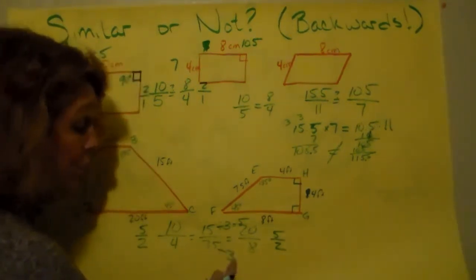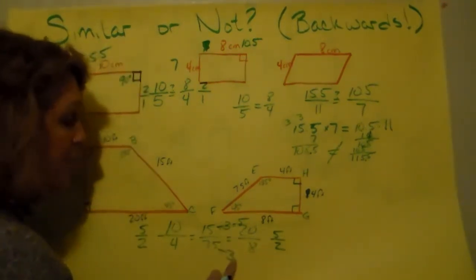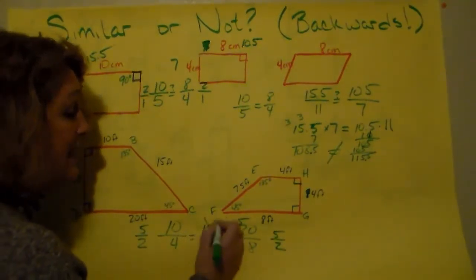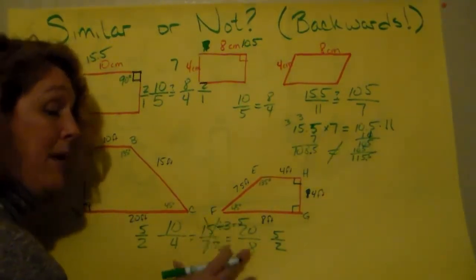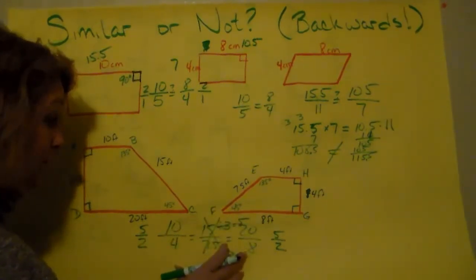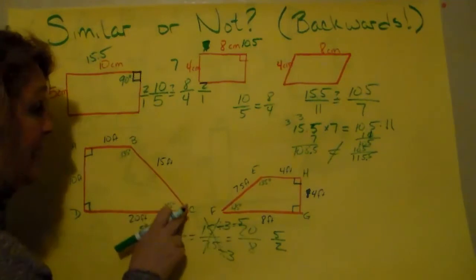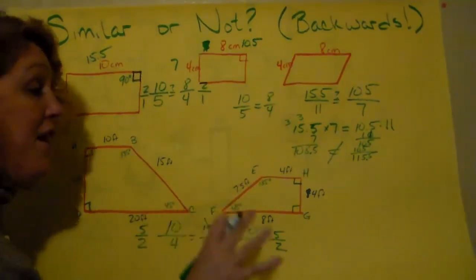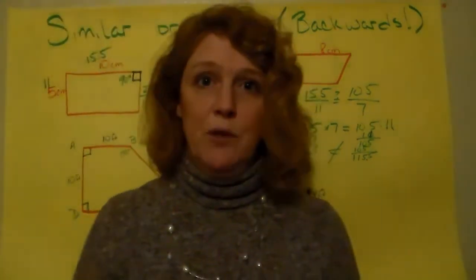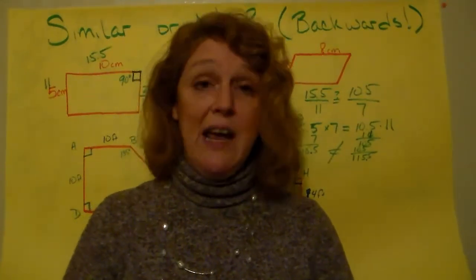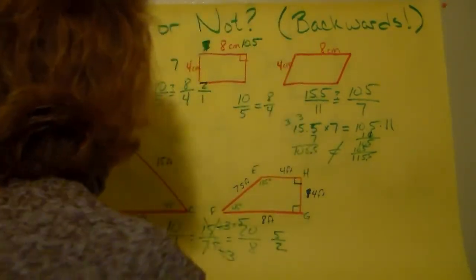If this divided by 3 equaled 2, yes, that would be perfect. However, this would have to be 6 divided by 3 to equal 2, which means this does not make it proportional. So that makes this line and this line not similar. So if any of your lines don't work, you have to say not similar. Okay?